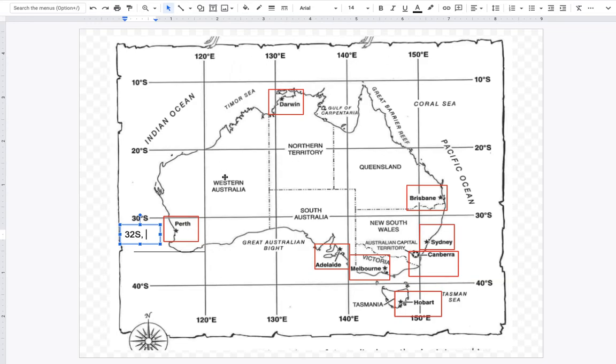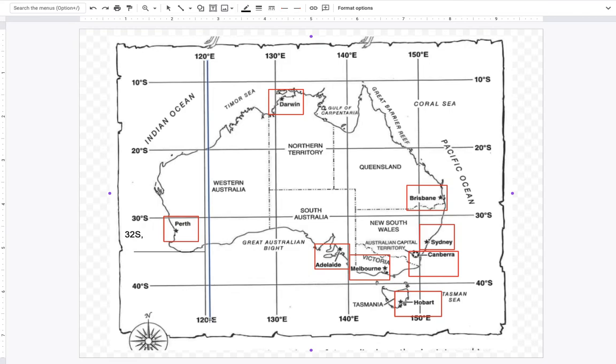So as I'm looking at this, it's near the 120 degree line, I'll draw a line there as I'm talking. It's near this line right here, 120 degrees east. But it's not exactly on it. But what do we know? If we're going to the left of 120 degrees east, we're going down in number, right?